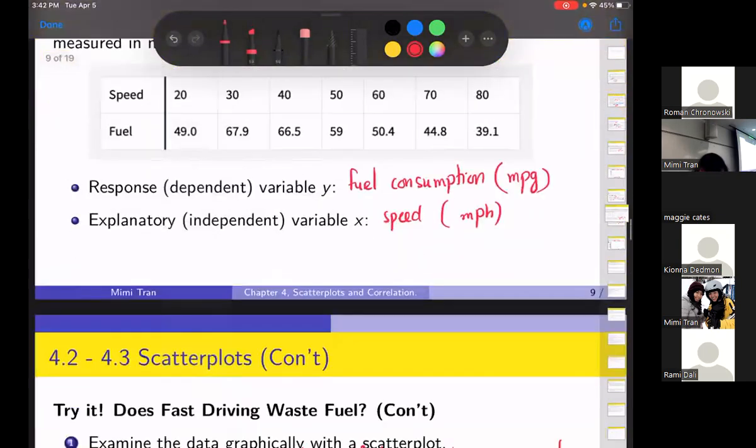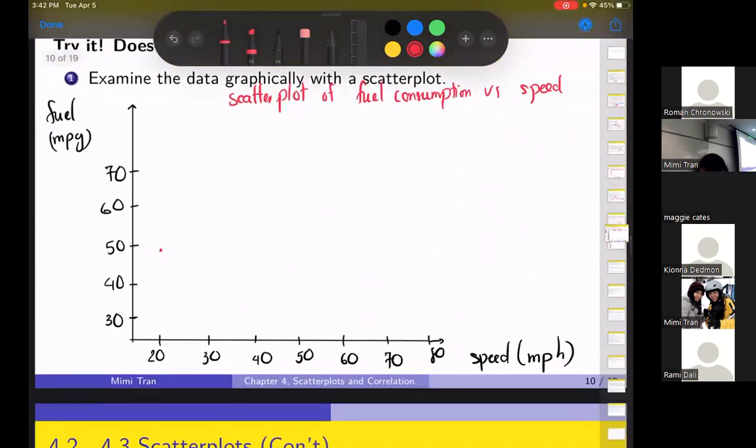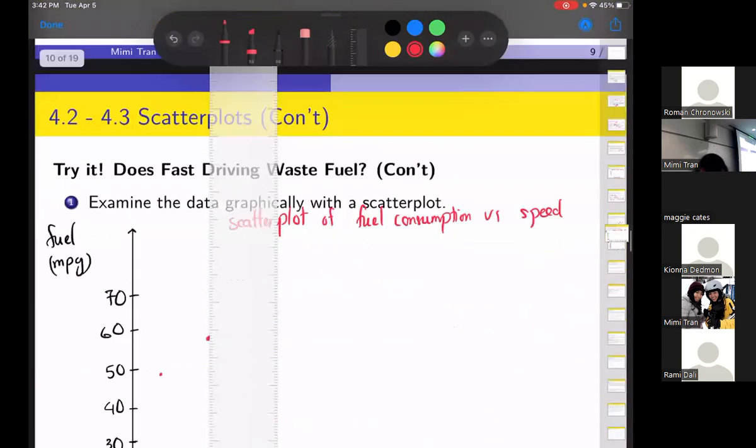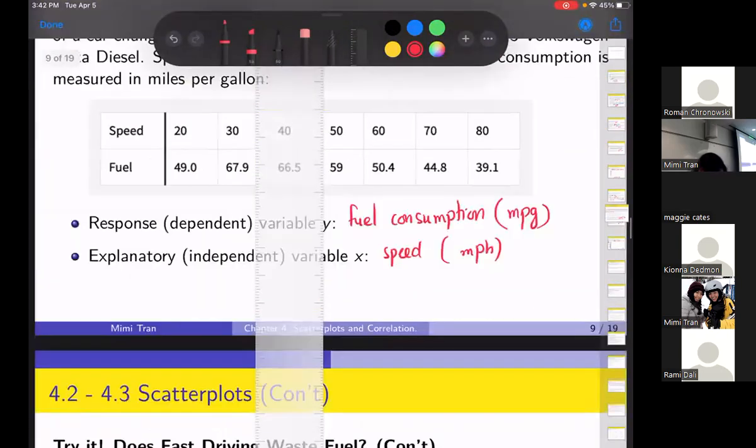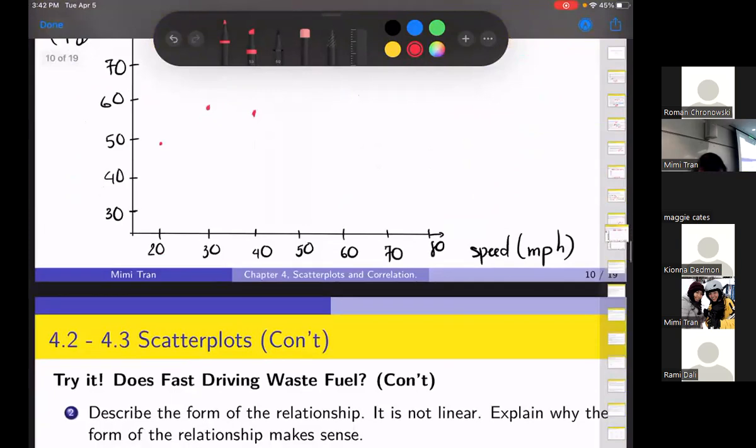At 30, 67.9. So I would say roughly here. At 40 is 66.5, a little bit lower than 67.9.